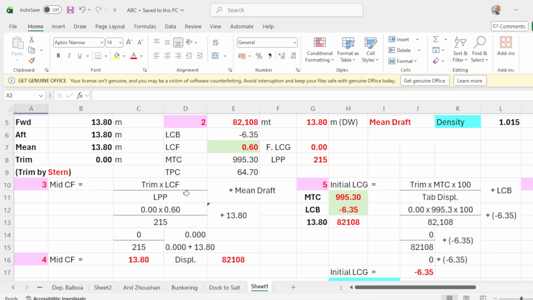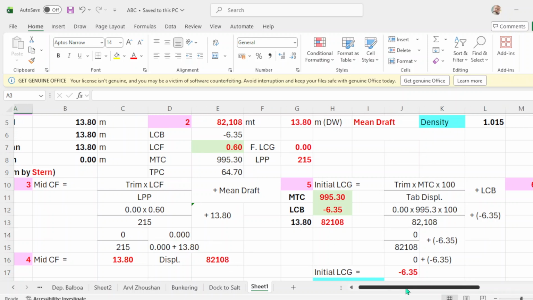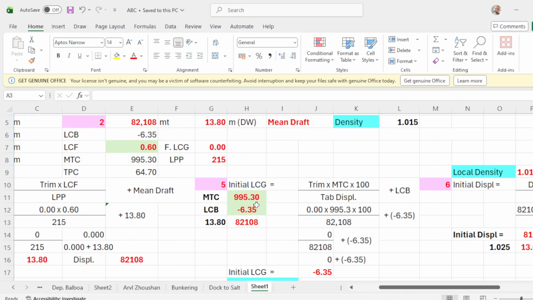So trim times LCF over LPP plus mean drop, and the resultant will be 13.80. Then we go to number 5. Compute for the initial LCG.